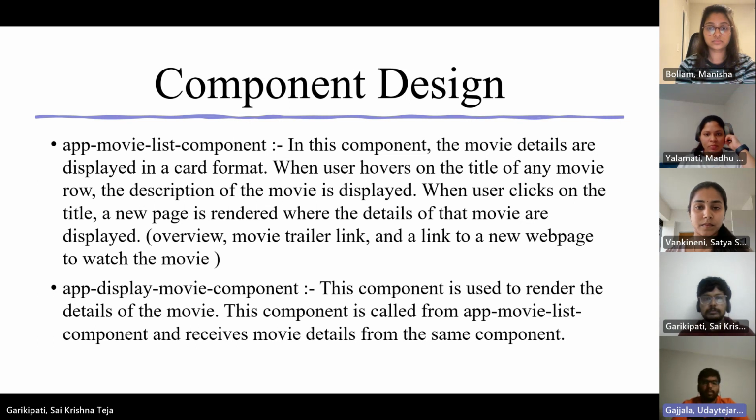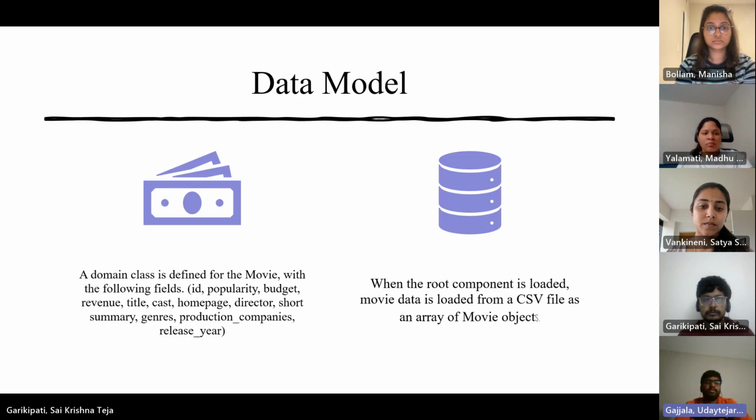And coming to the domain part that we have developed, moving on to the next slide, we'll be specifically discussing that. This is the data model that we have chosen for this application's components.